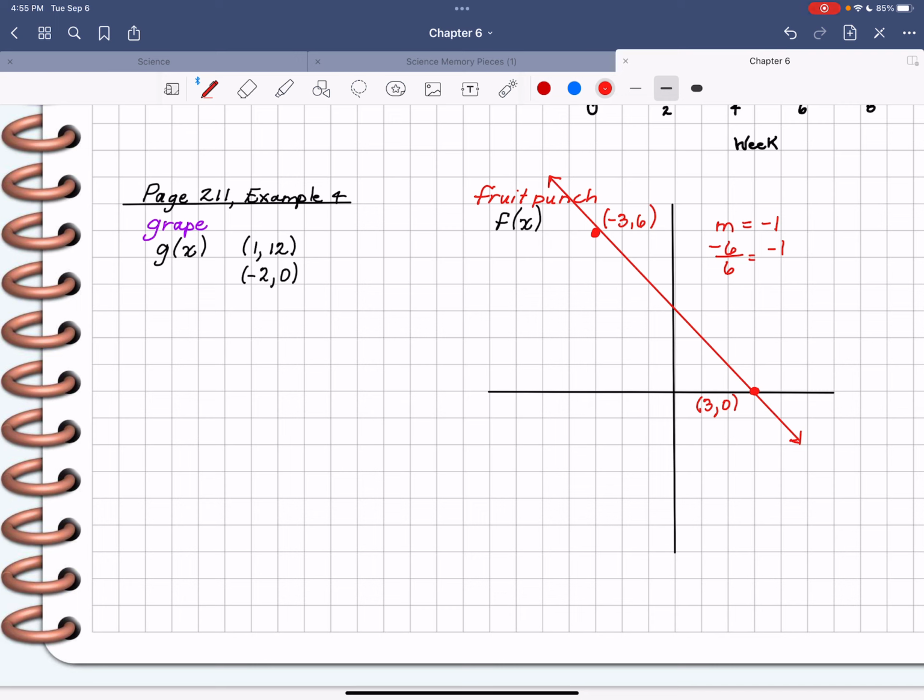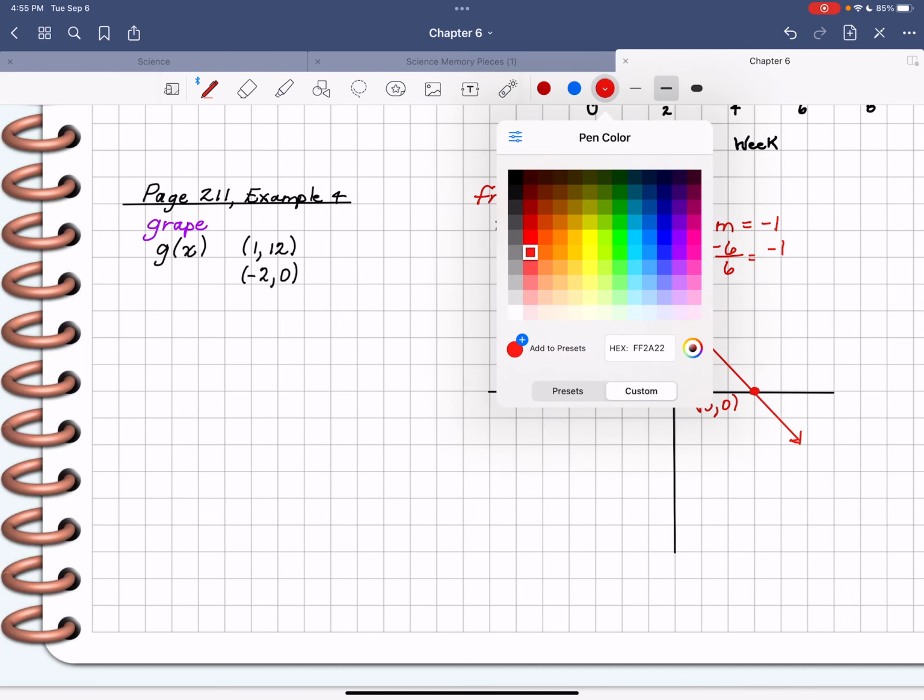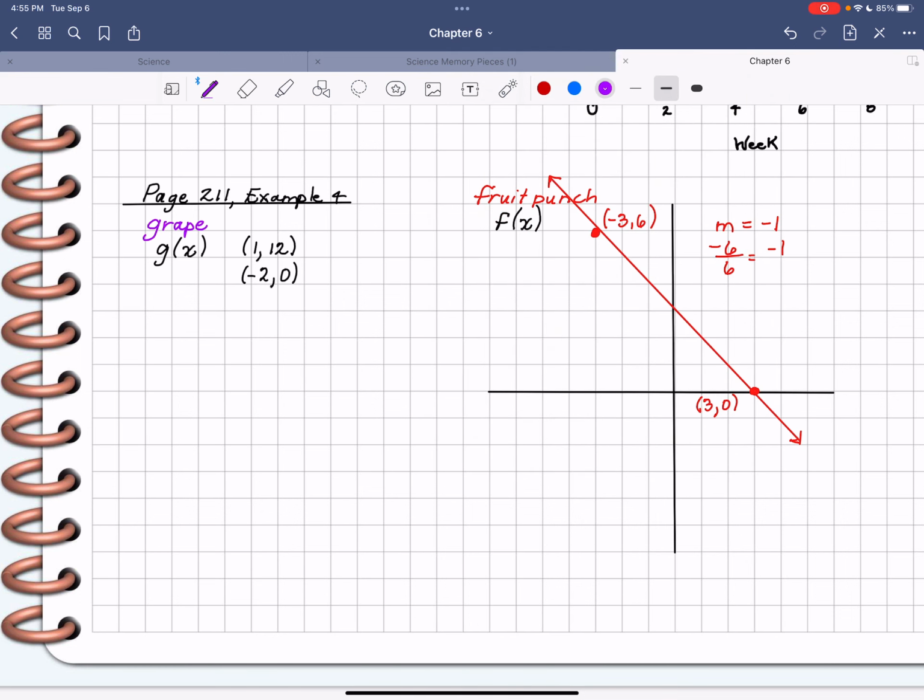All right, for the grape function, let's go back. We're going to have to use the slope formula on this one. So we're going to say slope is, say it with me, it's been a while, y sub 2 minus y sub 1 over x sub 2 minus x sub 1. So here's x1, y1, x2, y2.